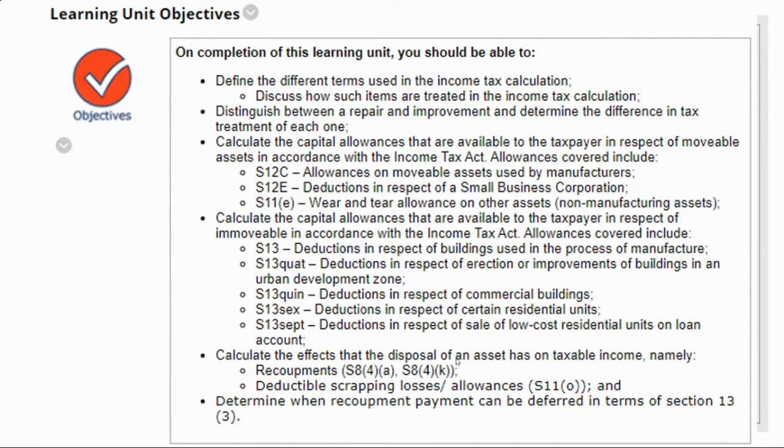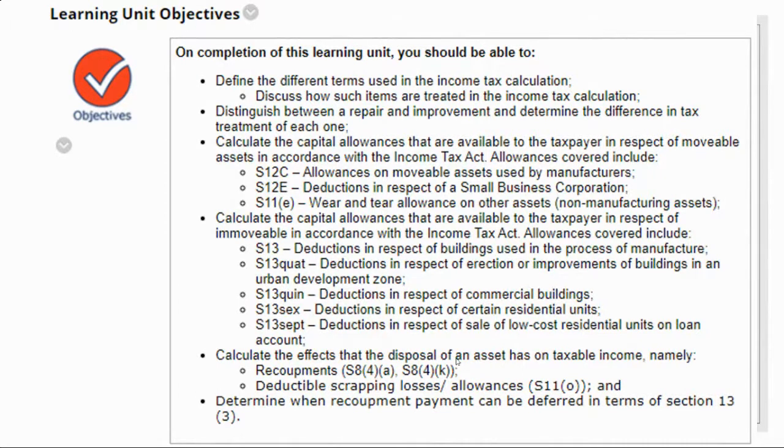Then we have our capital allowances specifically looking at your business or buildings. Now, it is 5% for your buildings in your manufacturing process after 1 April 2007.